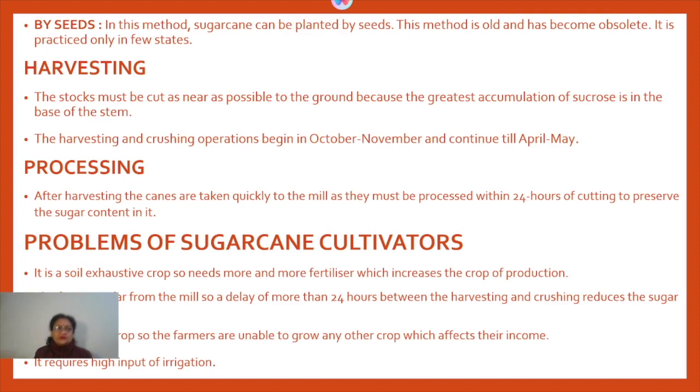Naturally the use of fertilizers and the various irrigation facilities become very limited in it, and so it is possible only in a comparatively smaller area. So the production also gets affected in this method of planting sugarcane.